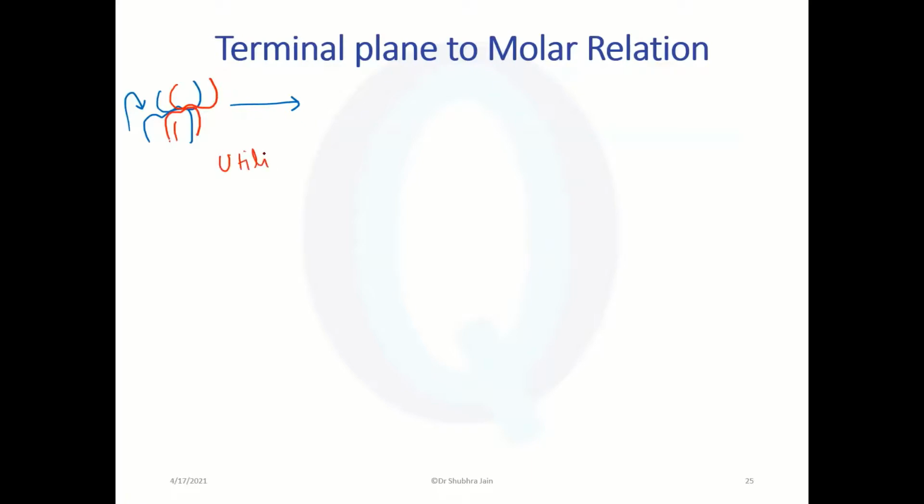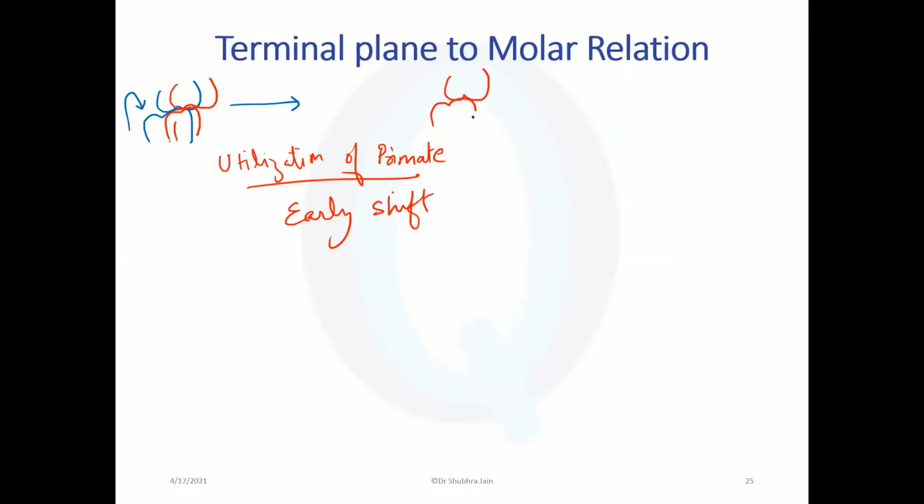Utilization of primate spaces is early shift. With early shift, the molar relationship is going to be the same. Okay. Now there is a utilization of leeway spaces.